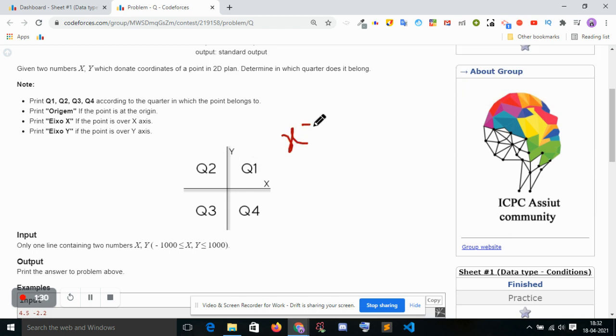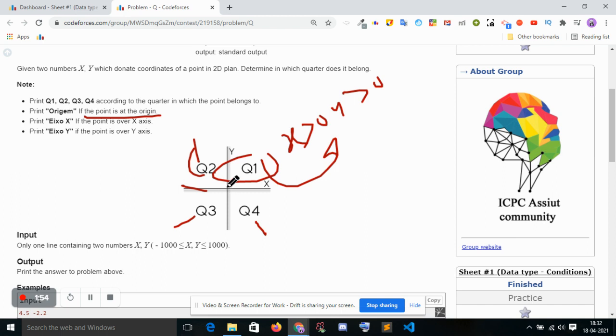If x is greater than 0 and y greater than 0, then definitely it is q1. If x is negative and y is positive, it is q2. If x and y both are negative, it is q3, and if x is positive and y is negative, it is q4. And if x equals 0 and y equals 0, it is origin.